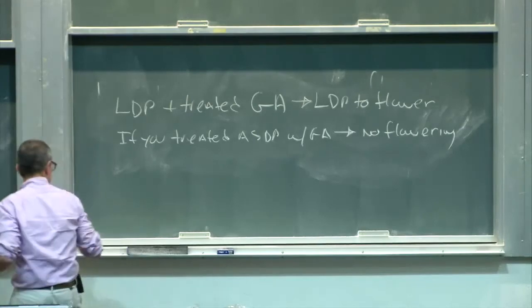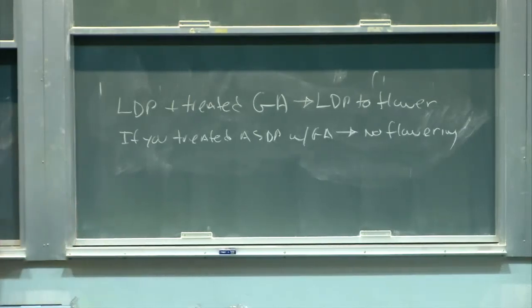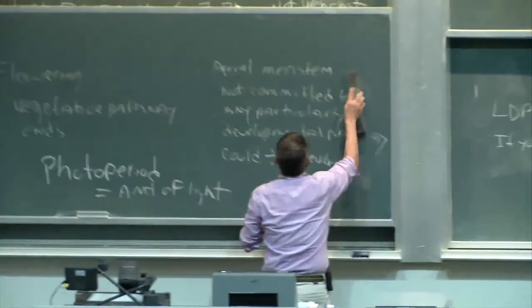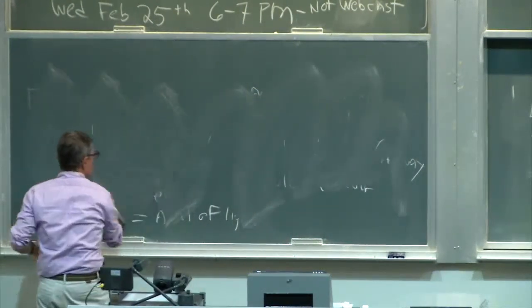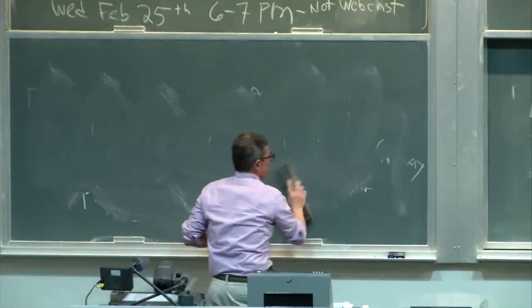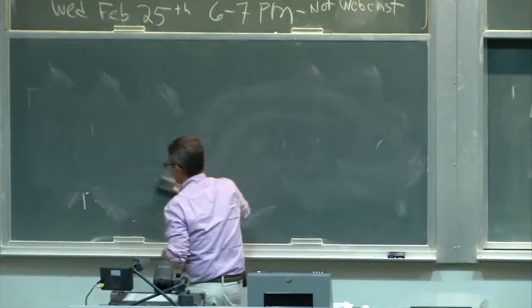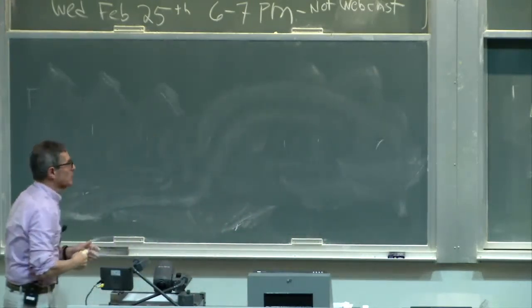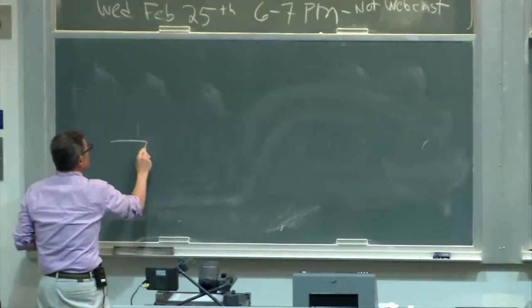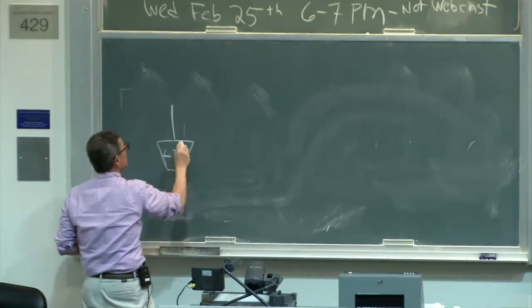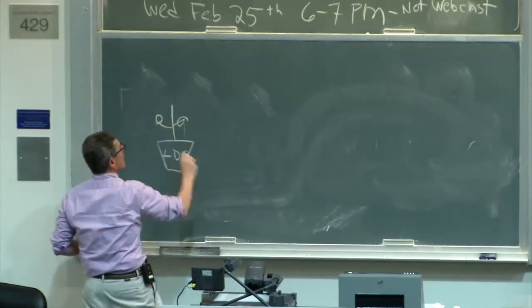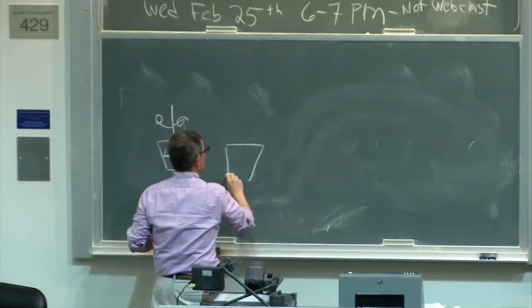And to prove this point a little bit further, there were many, many clever experiments done. And let me tell you one which casts strong doubt on GAs being the universal phlorogen. 2 plants were taken. This will be a long day plant, and here we'll have next to it a short day plant.